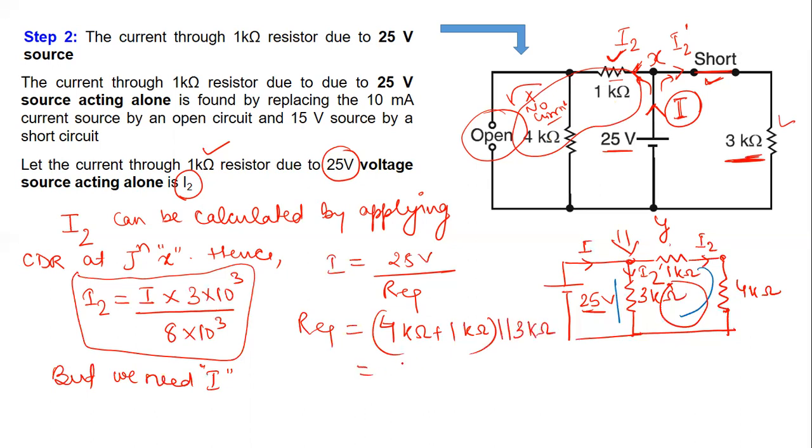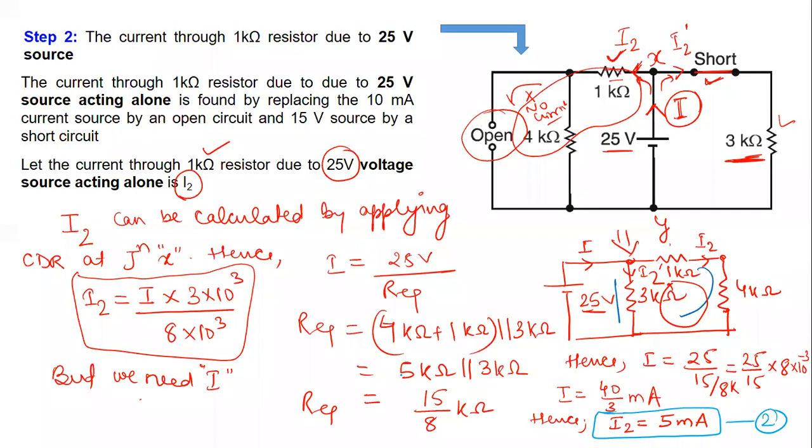So it is 5k ohm in parallel with 3k ohm, right? So the resultant R equivalent resistance is 15 by 8 kilo ohm.